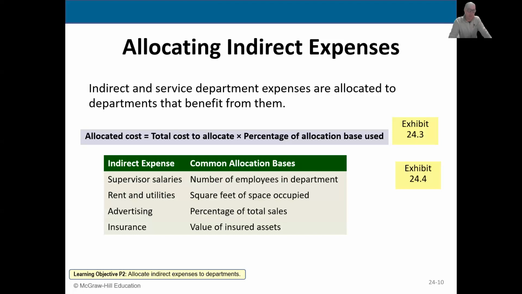We allocate this based off of the value of the insured assets. How much is all your inventory worth for that department? That's how we allocate it. Okay. The formula for the allocation is we take the total cost that needs to be allocated, multiply that by the percentage of the allocation base used. I'll walk through an example or two with you to find that percentage.